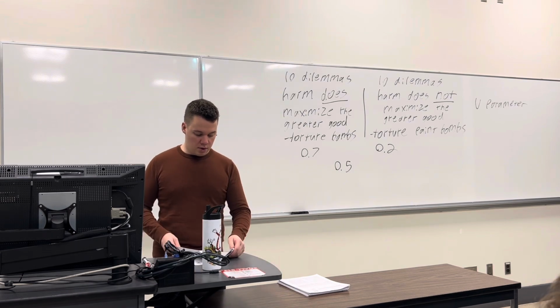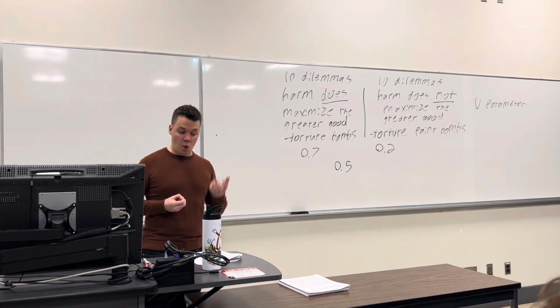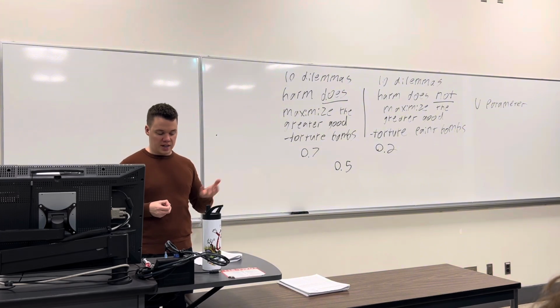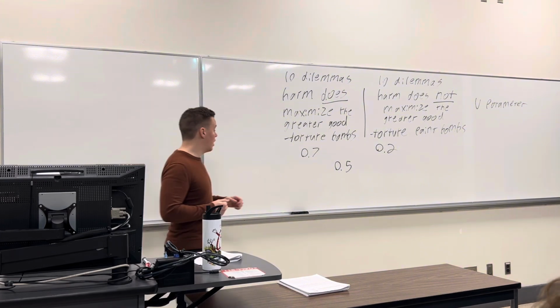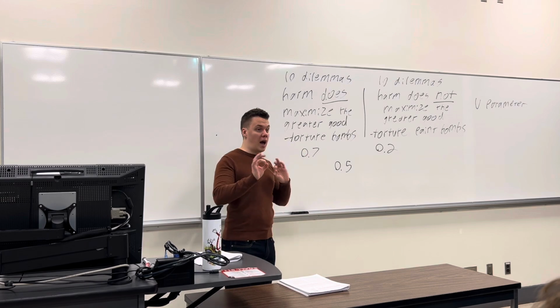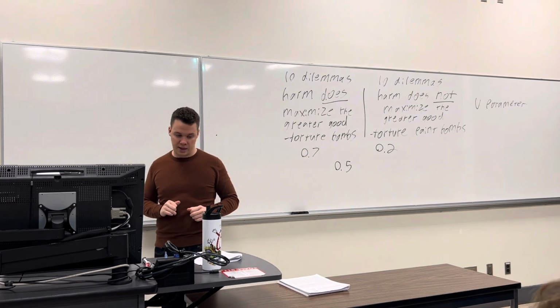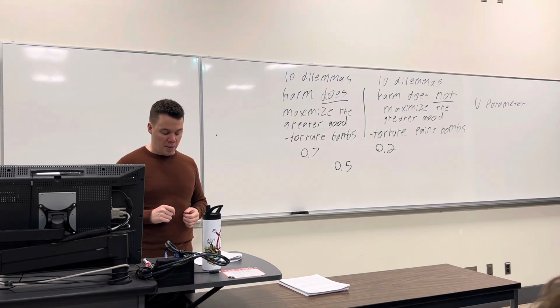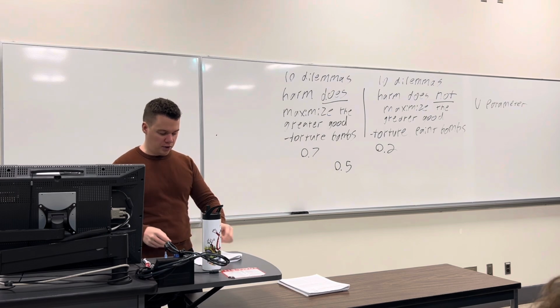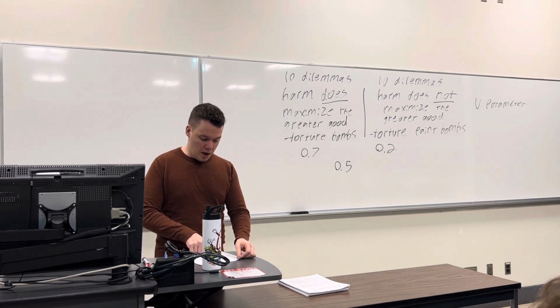So in the paper, they have two different things. One is conventional utilitarian versus deontological judgments, which is just looking at this first one without doing the process dissociation technique. And then they have the U parameter, or the process dissociation measure of utilitarianism.